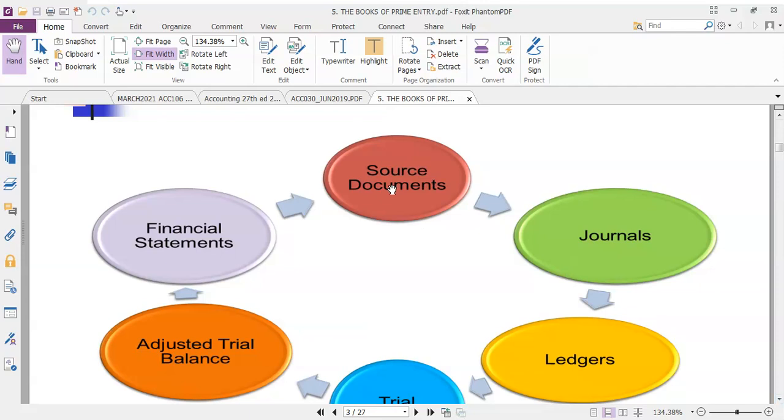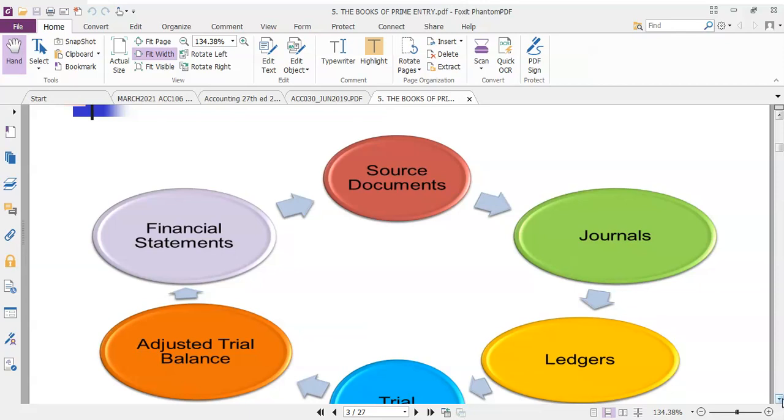Later on, I will introduce to you types of source document. Source documents mean evidence. The evidence has details related to the transaction. That is the source document.